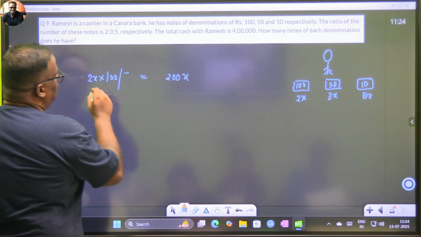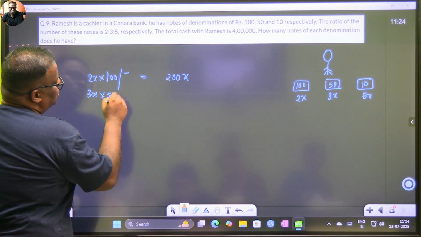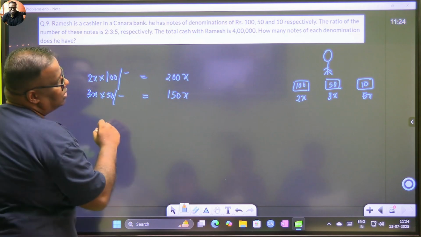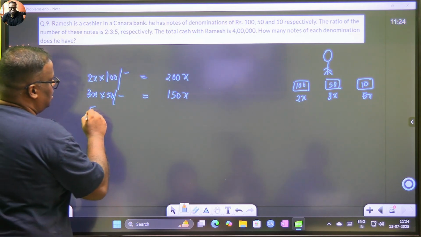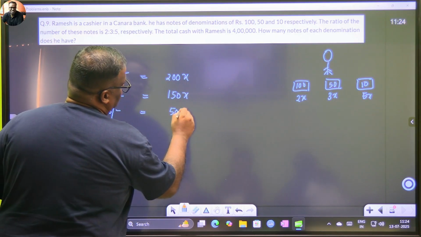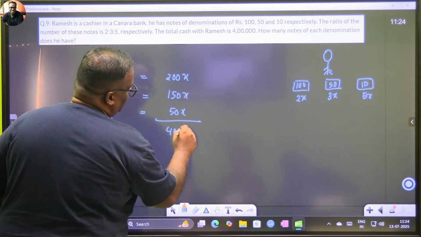Then I have how many? 3x, 3x into 50 rupee notes. So my money is how much? And then I have 5x into 10 rupees. So what is my money? 50x. If I add all these, 200 and 150, it should make me 400x.